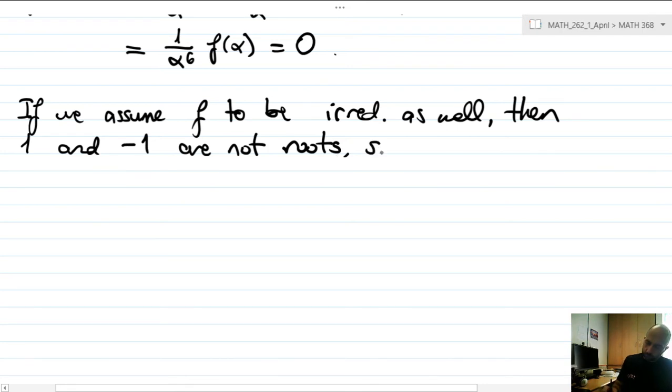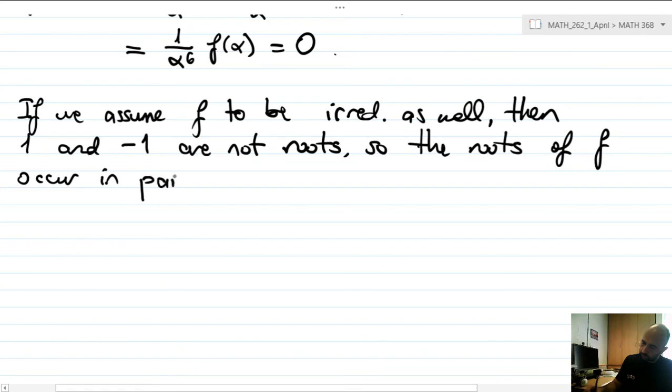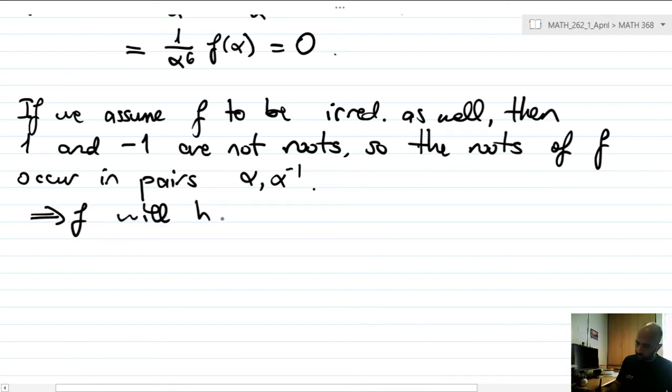So the roots of f occur in pairs, like alpha, alpha inverse, right? So in the case of sextics, f will have 3 pairs of such inverse roots.